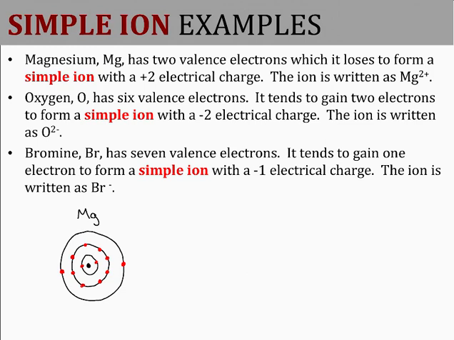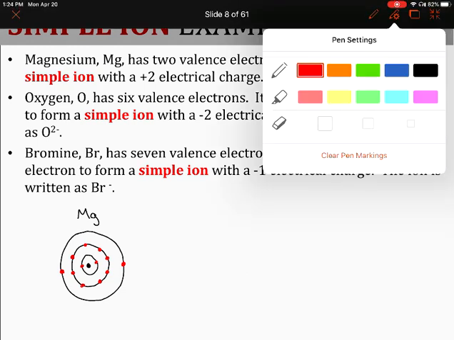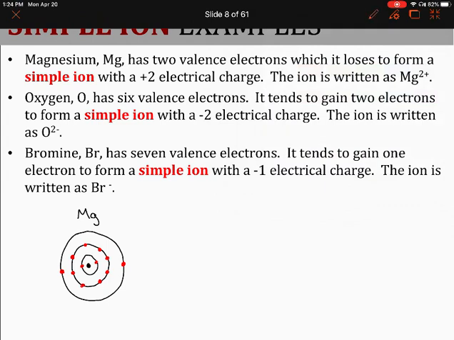Now, magnesium is going to lose both of those outer electrons because it kind of has to in order to have 8 electrons like a noble gas. So once it loses those 2 electrons in the outer level, now it only has 2 levels and 10 electrons.